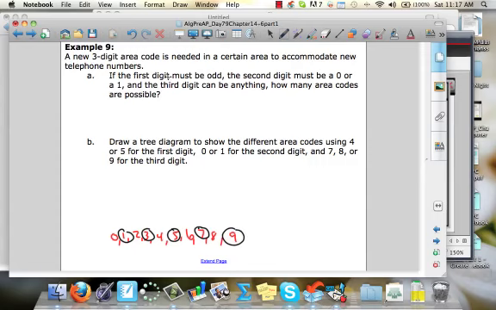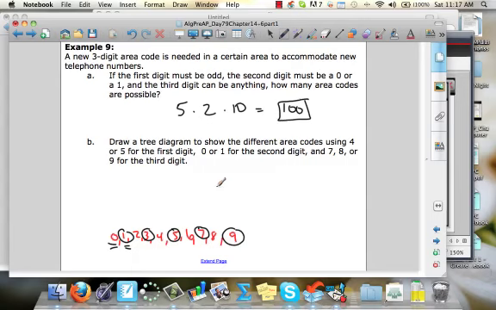The second digit must be 0 or 1, and there's 2 different choices for that. And the third digit can be anything. Well, don't let this 9 fool you. There's 0 through 9, 10 total choices. So this would be 10. How many different area codes are possible? 100 different area codes. 5 times 2 is 10, times 10 is 100.